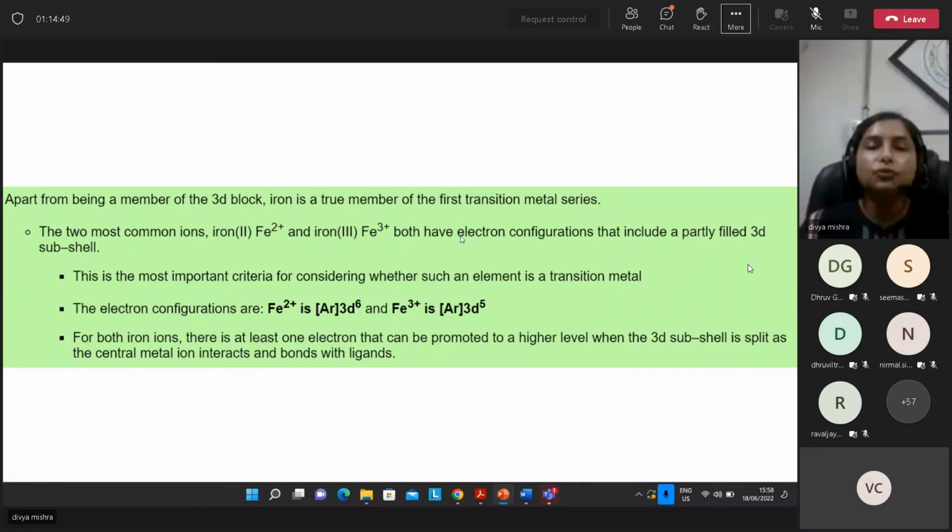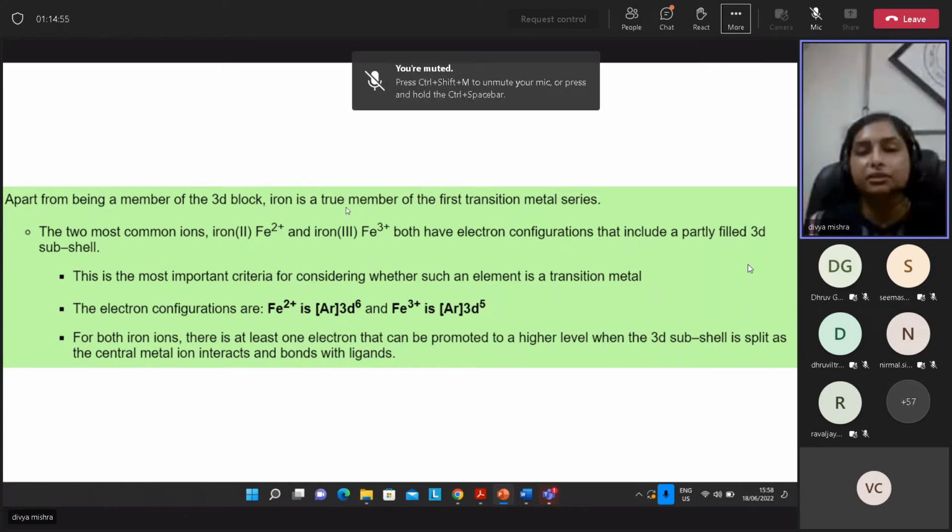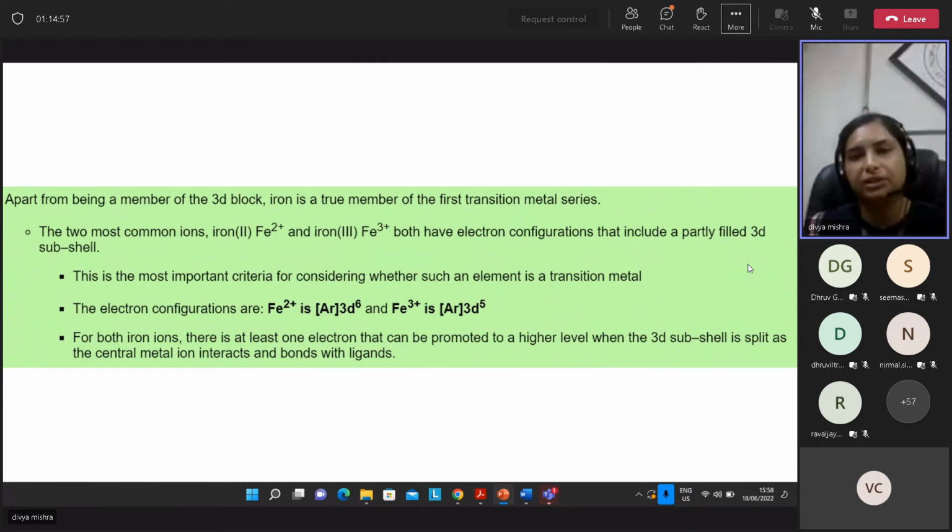Now you know that it is a member of the 3D block. Okay, but is it truly a member of the first transition metal series? If you look at the configuration of Fe plus 2 and Fe plus 3, you will find that they both have an electron configuration with a partially filled 3D subshell.